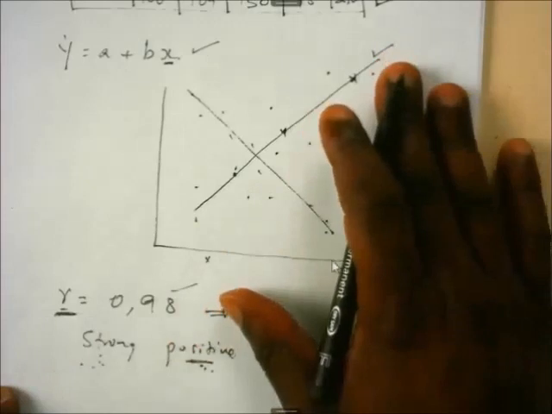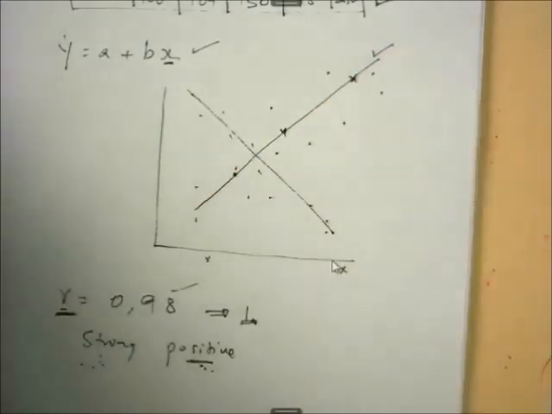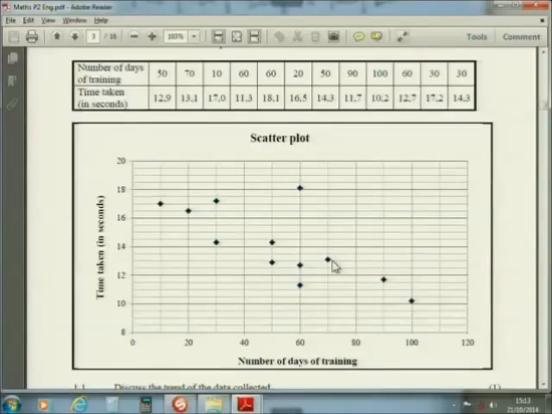So in this question, normally on the scatter plot, be sure to realize that two sets of data demand of us to match the two sets, and then we draw a scatter plot. I'll repeat what I said here. The first column, 50, is matched with 12.9.